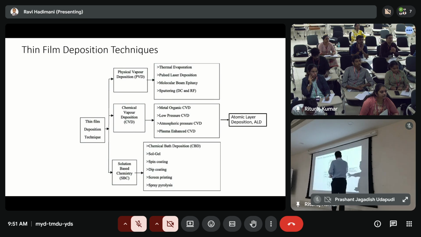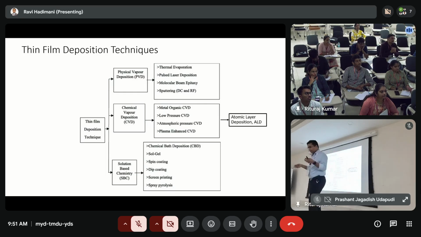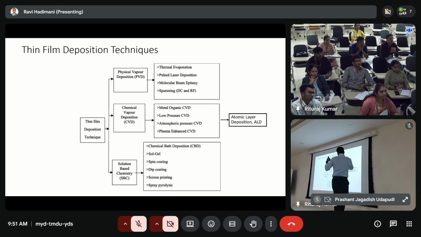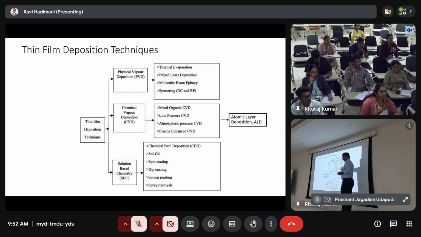In a high vacuum environment, you bring in two solutions or two gases, mixed together to form a material. We'll look at some examples of chemical vapor deposition, which is called CVD, and PVD is physical vapor deposition. So there is plasma enhanced vapor deposition.